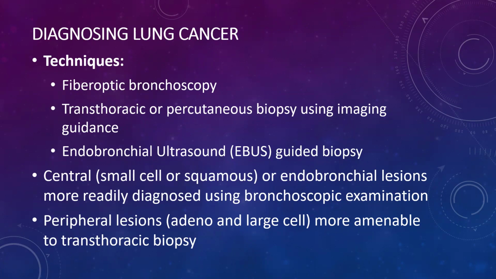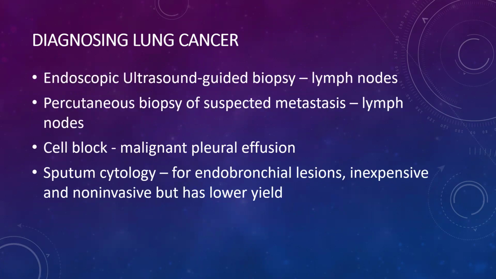But if your lesion is found peripherally or close to the pleura, such as in adeno and large cell CA, then these masses are usually more amenable to your transthoracic biopsy. Your EBUS is a good diagnostic test, especially if you have lymph nodes that are surrounding your bronchus. You can also do a percutaneous biopsy if you have suspected metastasis or involvement of your lymph nodes.